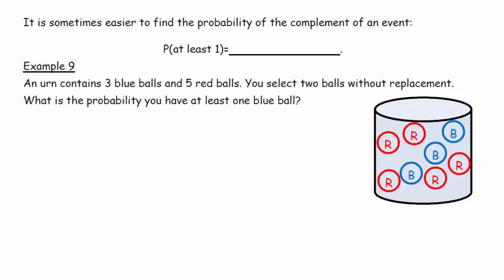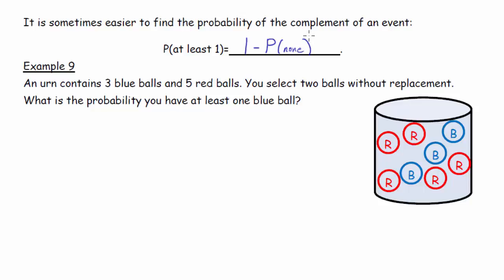It would be easier to do 1 minus the complement. So let's look at an example, that I get at least 1 blue ball. In this case, I would have to find 1, 2, or 3. So the complement, or the opposite of getting at least 1, would be that I get none.